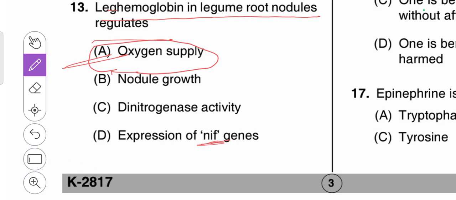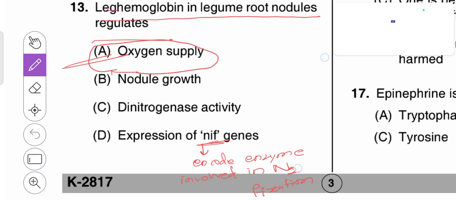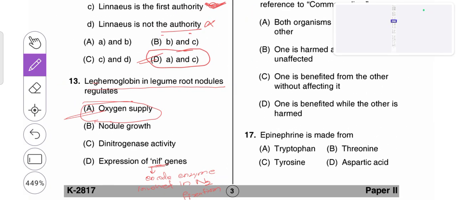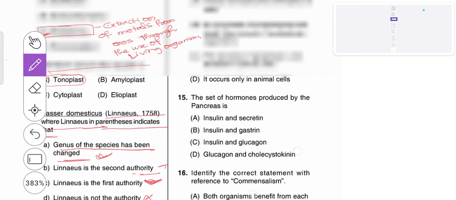These NIF genes encode enzymes which are involved in nitrogen fixation. So these are called NIF genes. Here they are talking regarding the leg hemoglobin. This leg hemoglobin will help in the oxygen supply.